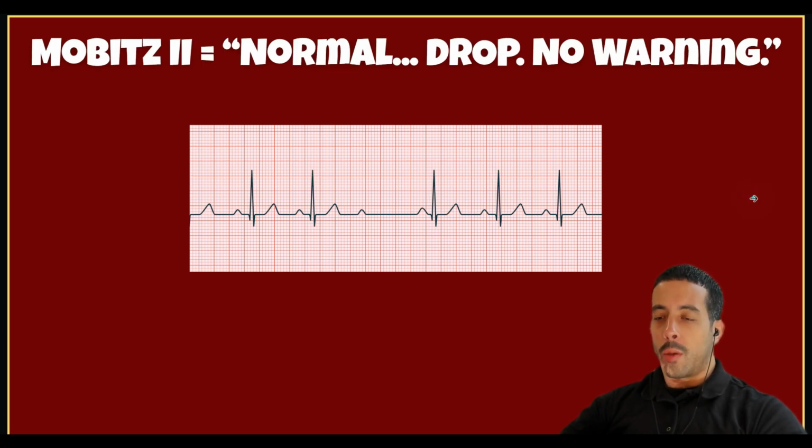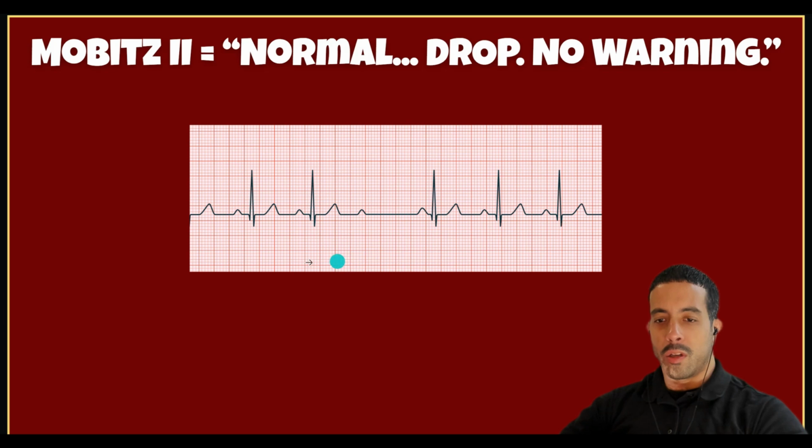Now, when we talk about Mobitz type 2, notice that the PR interval is normal here. It's normal here, and then all of a sudden, there's a drop. Boom. Normal, normal, normal, and then all of a sudden, most likely what you'll see is that there's a drop.